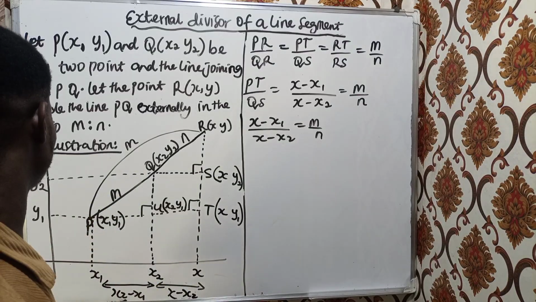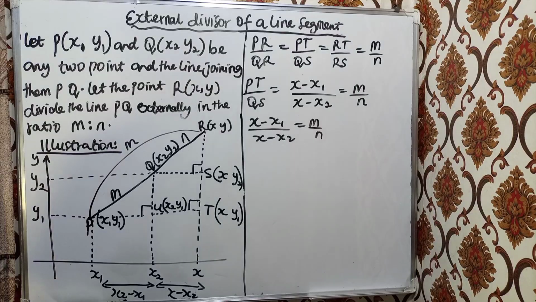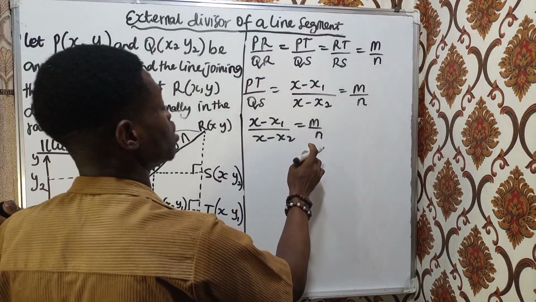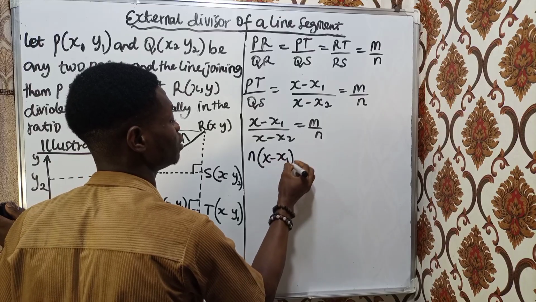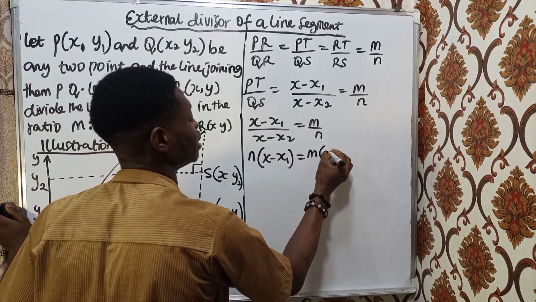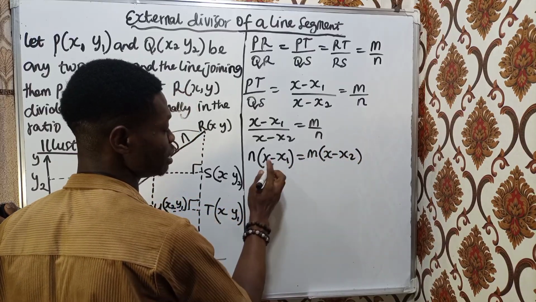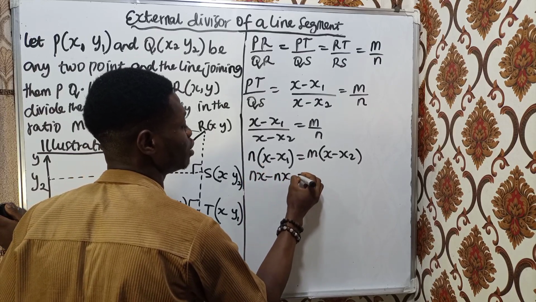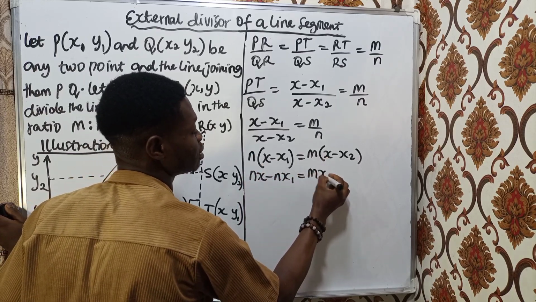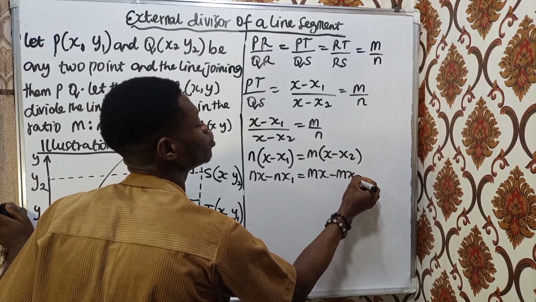I don't think there's any other thing. So we are going to cross multiply. We have n parenthesis x minus x1 is equals to m parenthesis x minus x2. This times this will give us nx, minus nx1, and mx minus mx2.